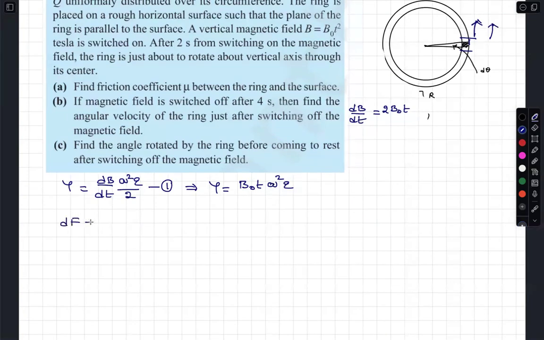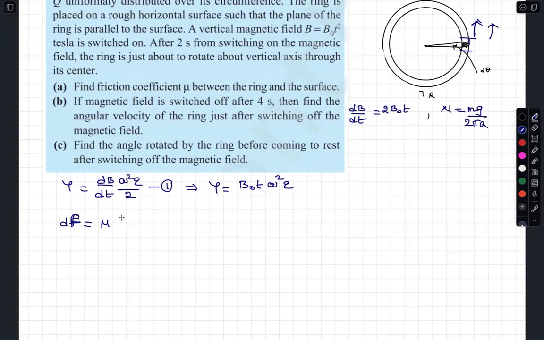Everywhere there is friction. See, the normal reaction is distributed throughout, and that normal reaction is mg/2 pi a per unit length.